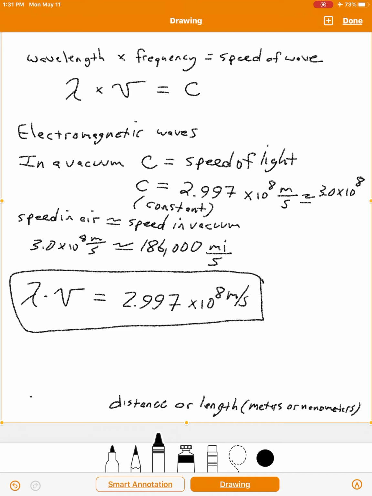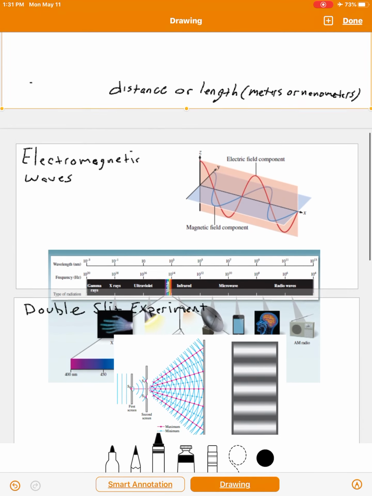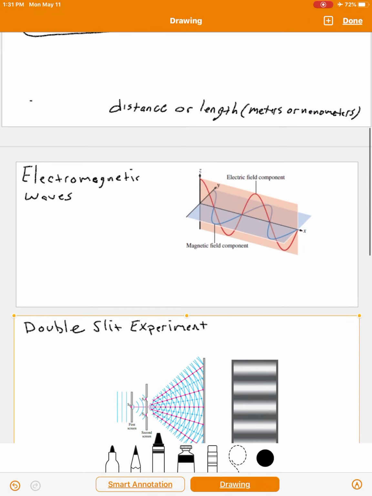Okay? Now let's talk just briefly a little bit more about electromagnetic waves. So here are 2 issues that come up. The first one is, what is an electromagnetic wave? And that's not an easy thing to answer. There's no simple, easy answer that's correct. But imagine that you could measure the electric properties and the magnetic properties of light.